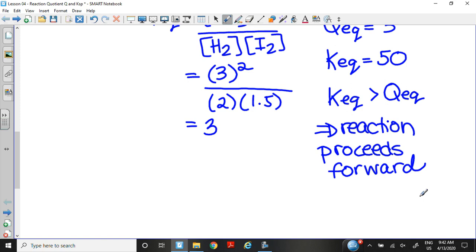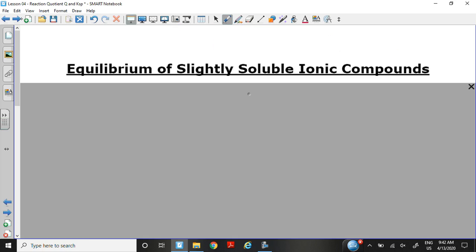So now what we're going to do is move on to another topic, same lesson. And these ones are dealing with slightly soluble ionic compounds. So you might remember a little bit about solubility from grade 11. Used a solubility table to figure out whether something was aqueous, meaning it's soluble, or something was going to form a precipitate, meaning insoluble.